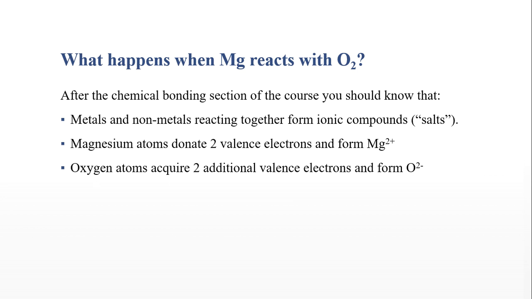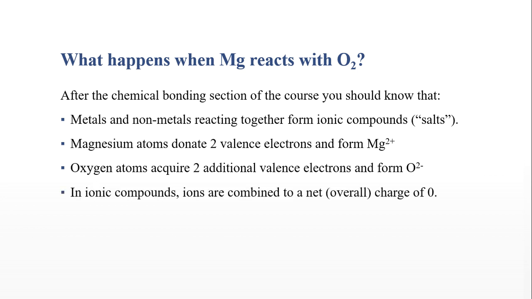When an oxygen atom acquires 2 additional valence electrons, each of those carries a negative charge, so we will form O2-. And if we combine positive and negative ions in an ionic compound, the net charge, the overall charge, is supposed to be 0.